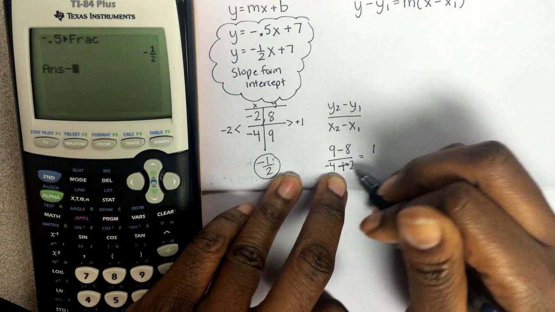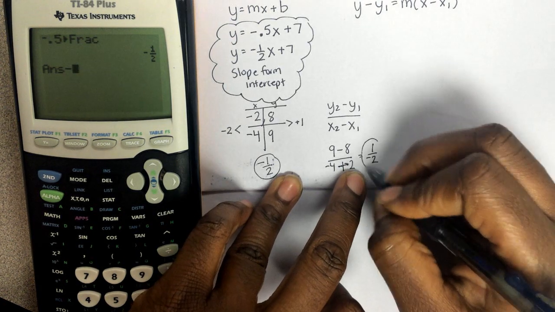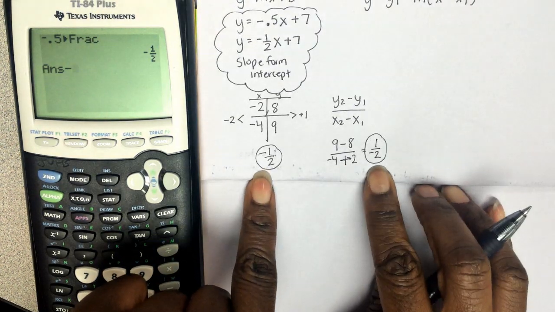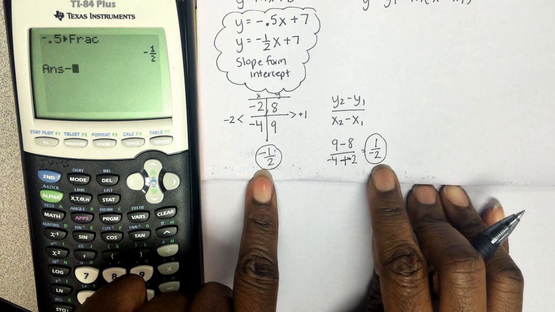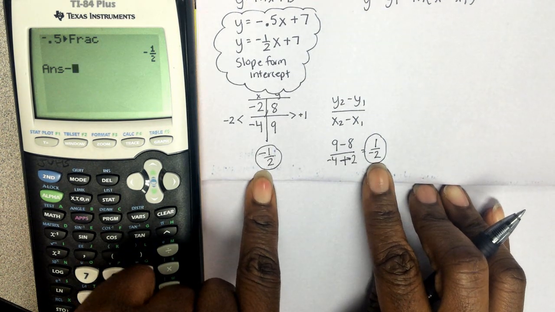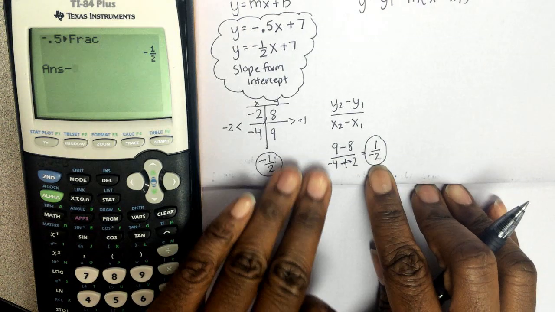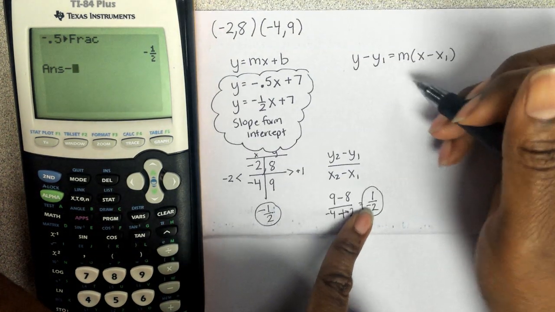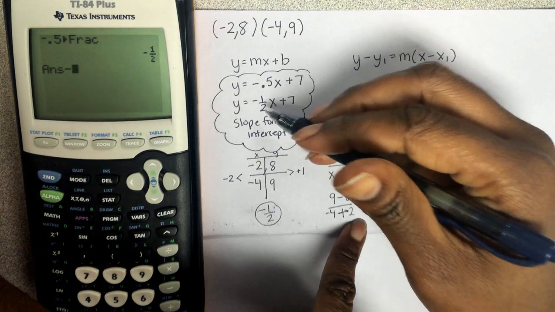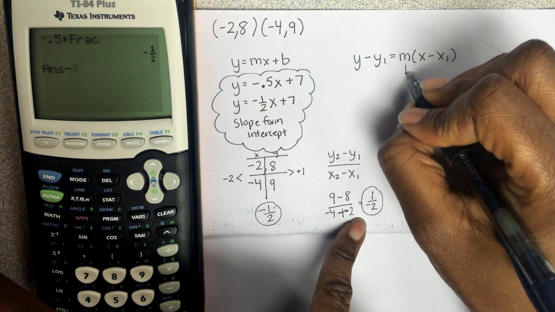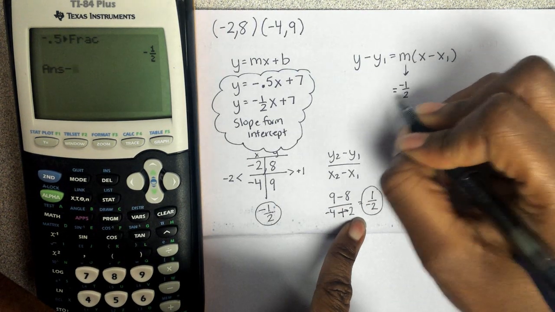So -4 plus 2 is -2. So do you see how I still got the same slope? -1/2, or 1 with the -2 at the bottom. So now I'm going to use point slope form. Now that I know for sure 3 times, I see that the slope is -1/2.